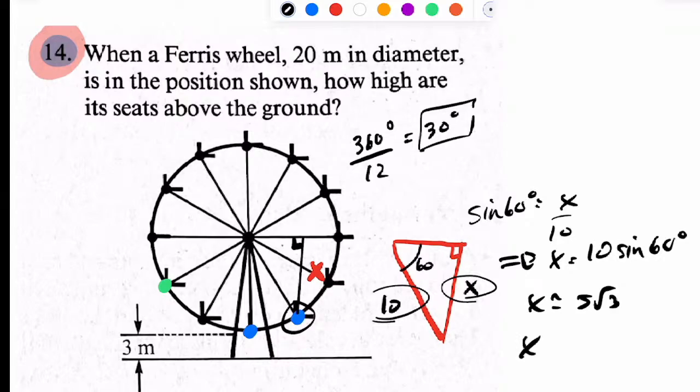Thank you. Yeah, you get 8.66 here. Thought it was something like that. So you get 8.66. So that's not my answer.